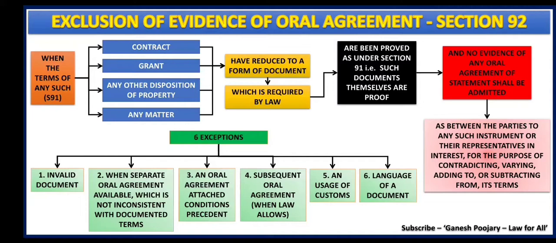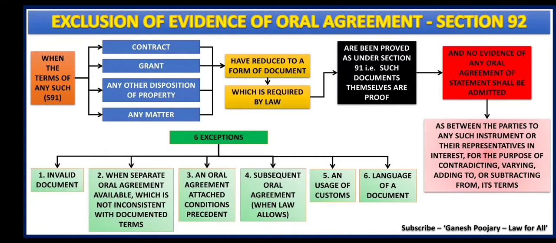While discussing section 91, this 'any matter' was not there in the proviso, but it is added in the explanation that any matter other than the contract, grant or any other disposition of property is also not an automatic exclusion. That is clearly spelled out under section 91, and under section 92 it is made further clear by adding contract, grant, any other disposition of property and any other matter.